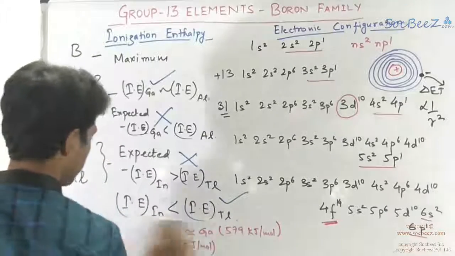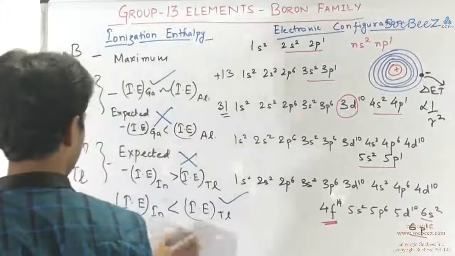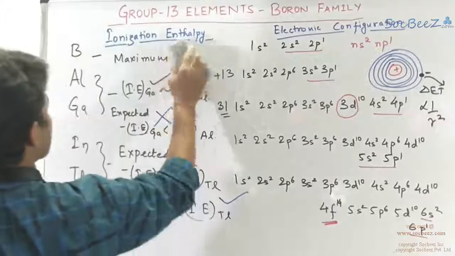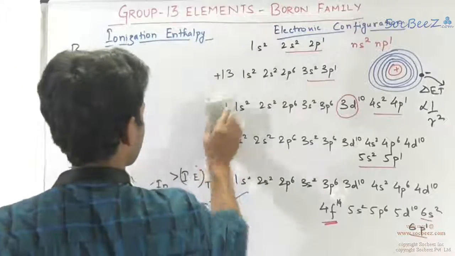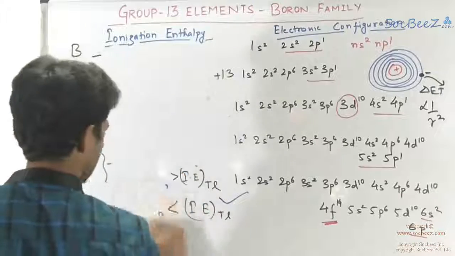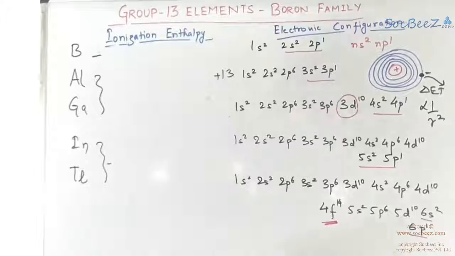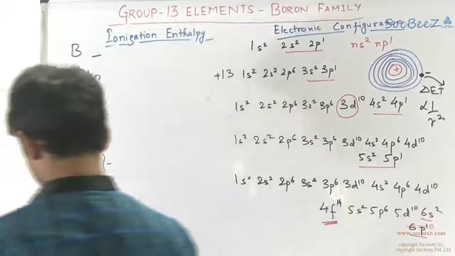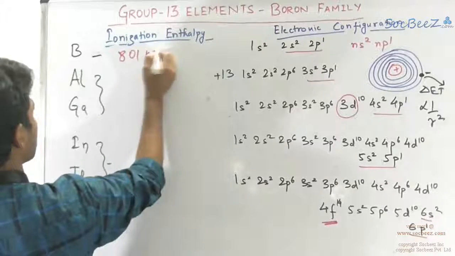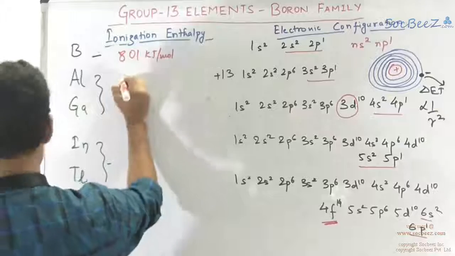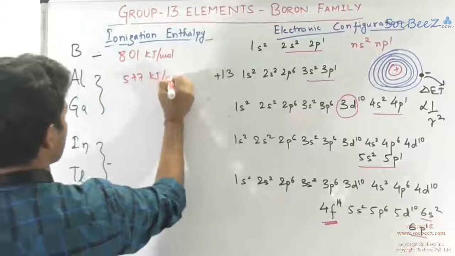First of all, the trend for IE is, let me write it over here. For boron, the IE is 801 kilojoule per mole. For aluminium, it is 577 kilojoule per mole.